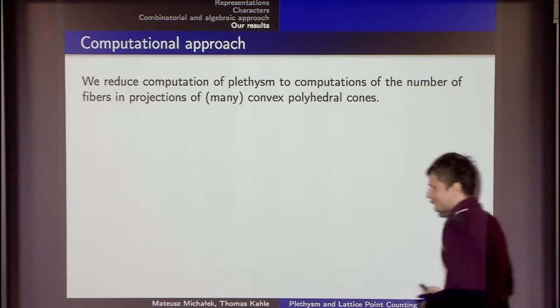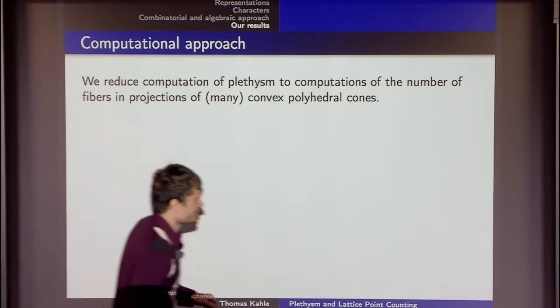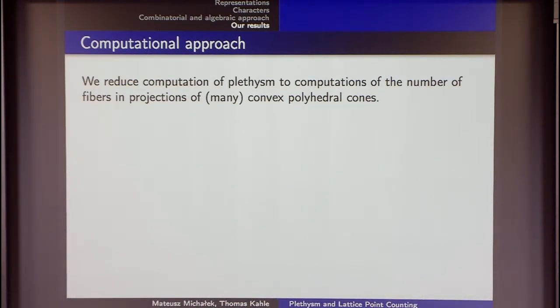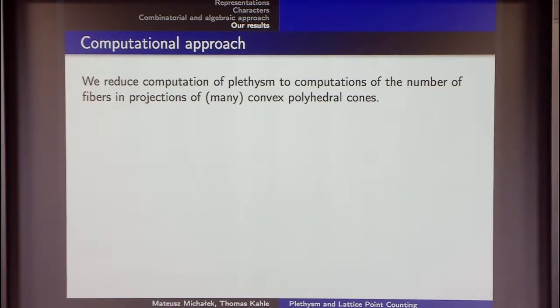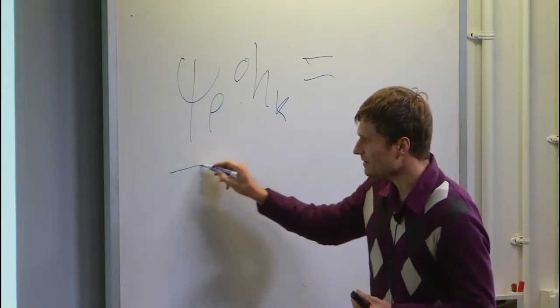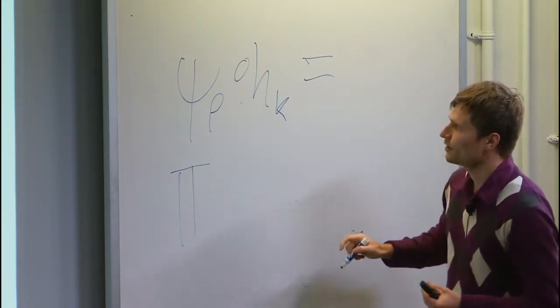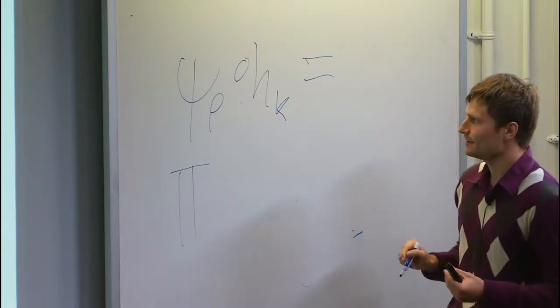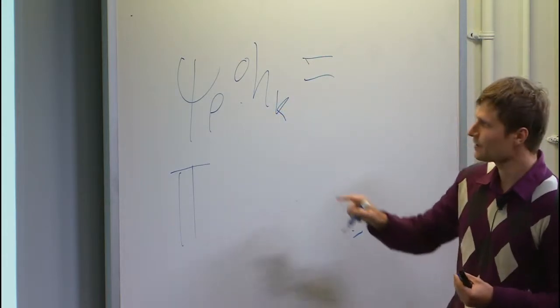Well, the first problem is to understand this polynomial, psi rho h_k. I don't know if you see what it is. This is just a product of complete symmetric polynomials.